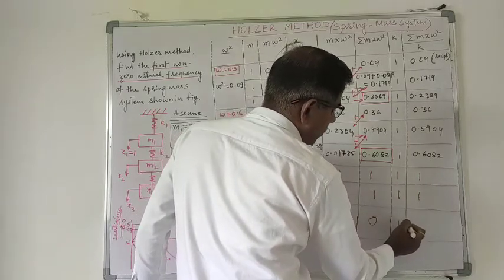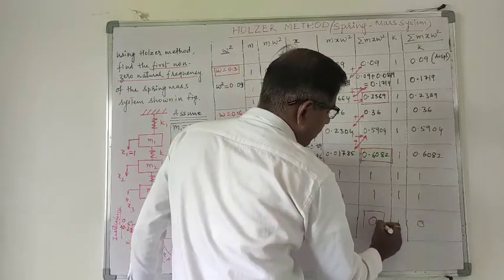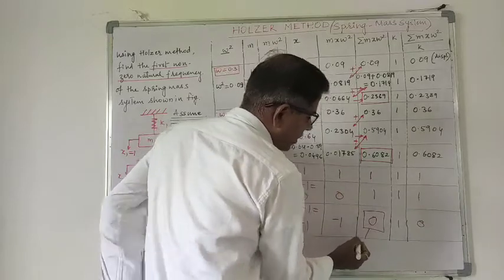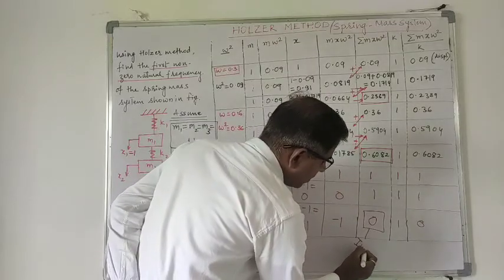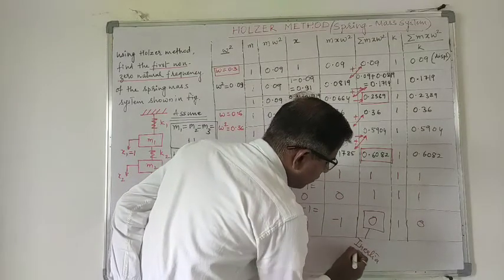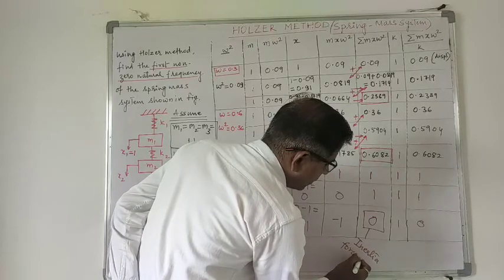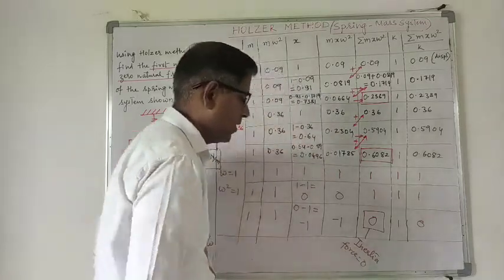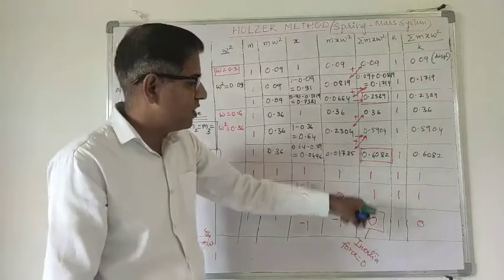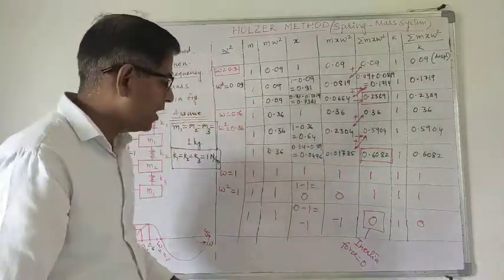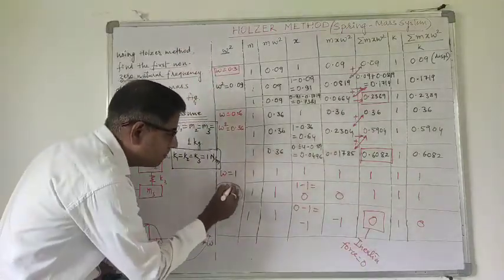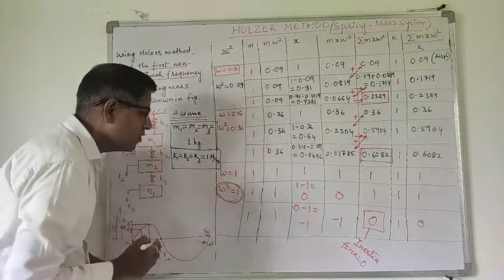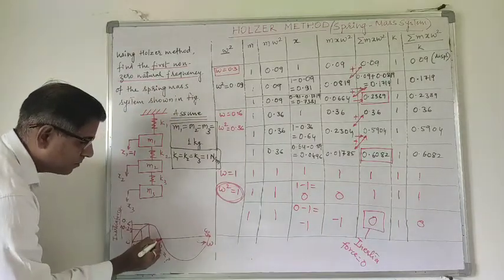So this is 1, this is 0. So here we obtain the inertia force equal to 0. Sum of the inertia force equal to 0. That means this frequency is the first natural frequency.